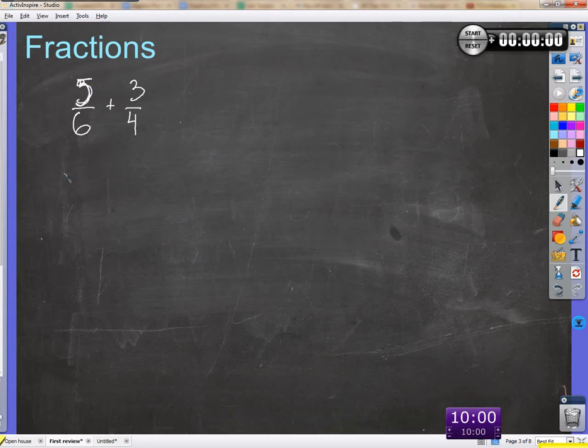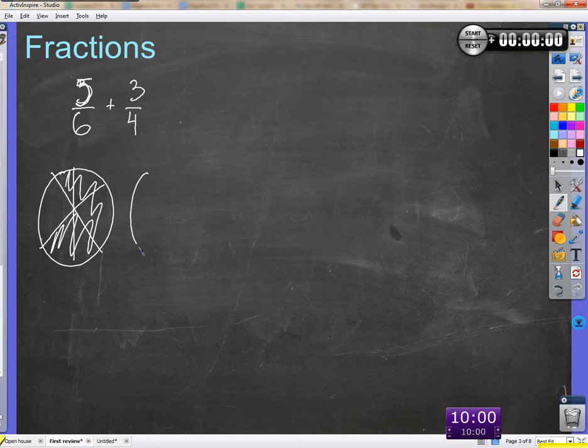So what we have is 6, and there's 5 of those 6. Then we have 4ths, and here's 3 of those 4ths. If I were to put all of those together and just add these numbers, we get 8. 8 what? What would they be? Anybody answer that question? Tenths.